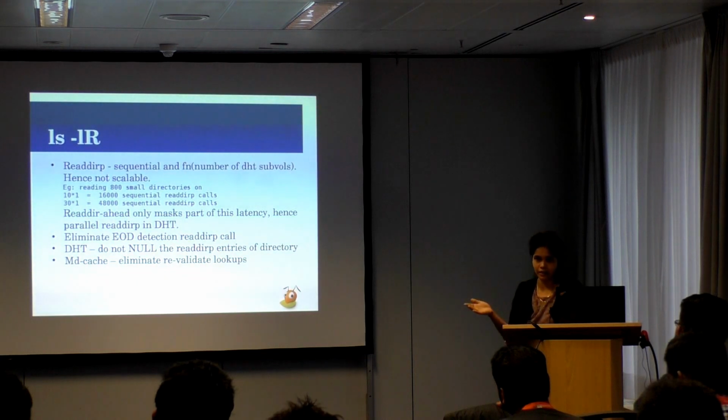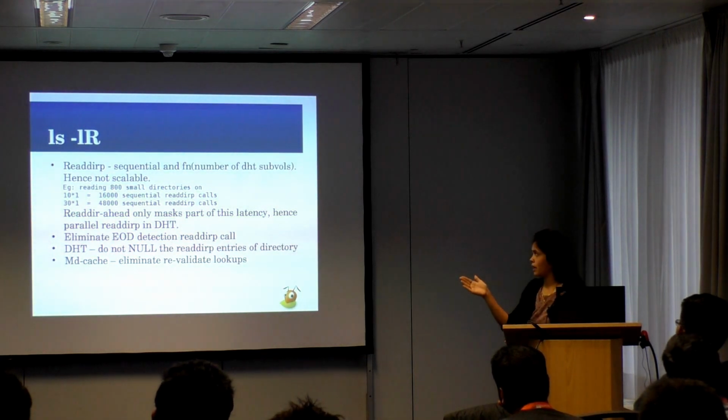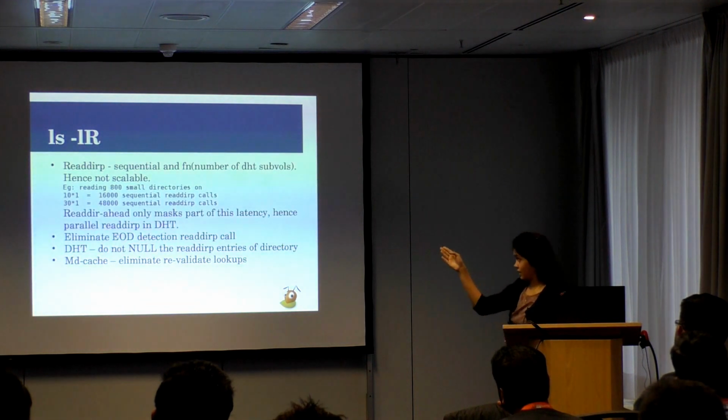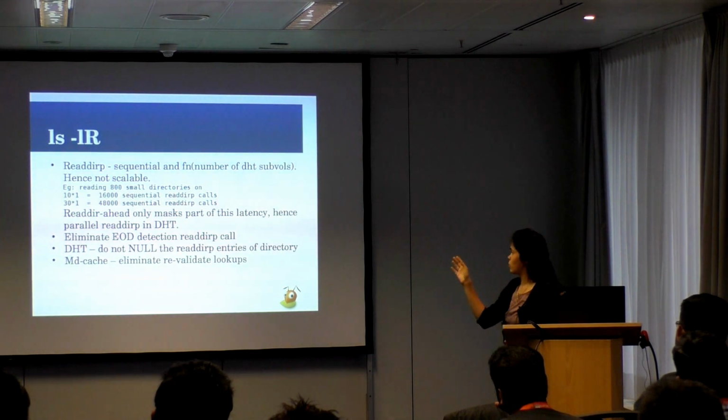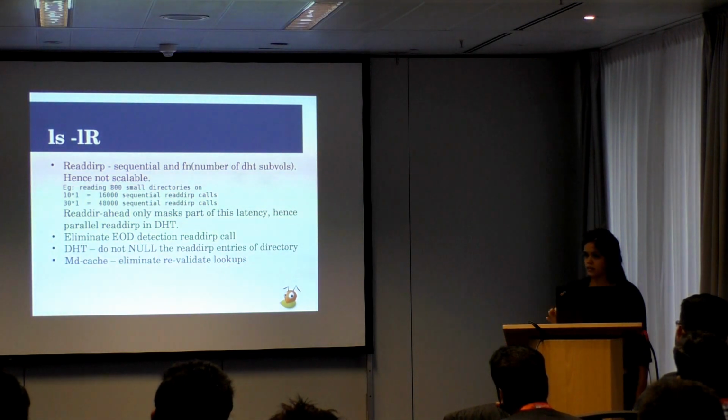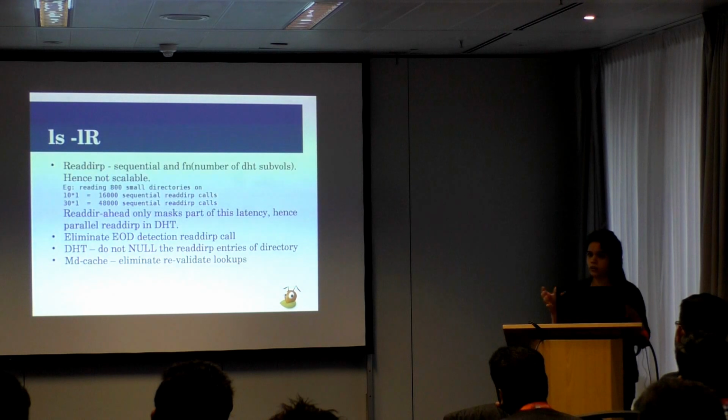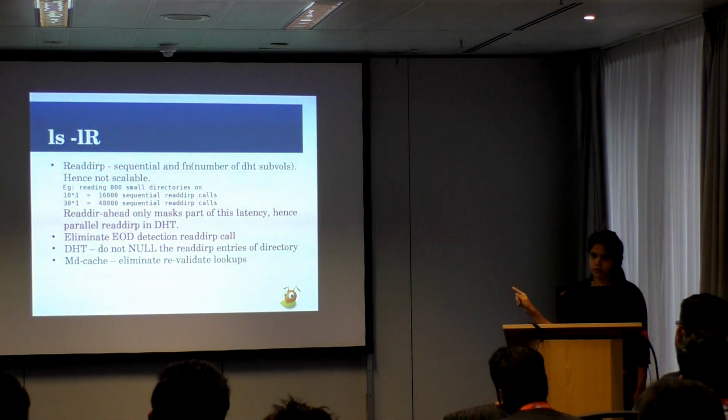It's not done in parallel. So it becomes even worse when you have a 30 x 1 volume. Though your data remains the same, you add more bricks to the volume. Basically, the scalability is what fails here.